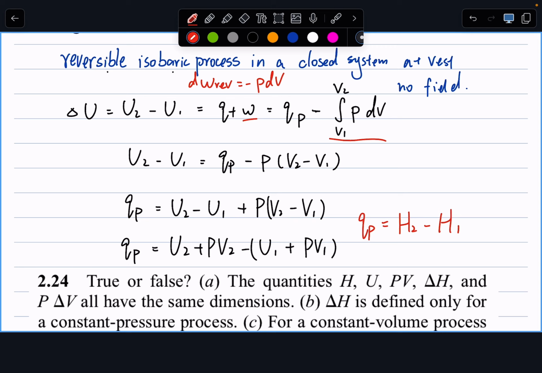And the physical meaning of enthalpy as a thermodynamic state function is that it tells us information about the heat transfer at constant pressure. And that is the physical meaning of enthalpy.